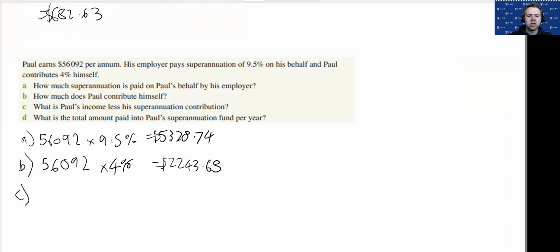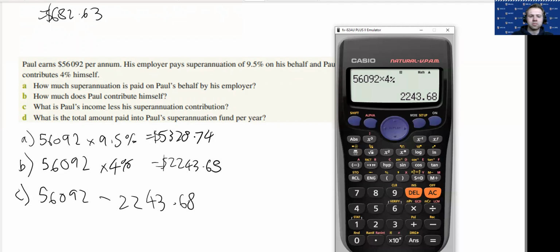And then what is Paul's income less his superannuation contribution? This is where we need to be able to tell the difference between the employer contribution and the employee contribution. It's only the employee contribution that's taken out of their income. The employer one is added on top of, so it doesn't affect their salary. So we just have our value, and we're taking away the employee contribution, so minus 2243.68.